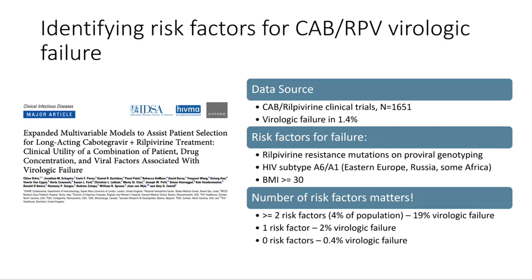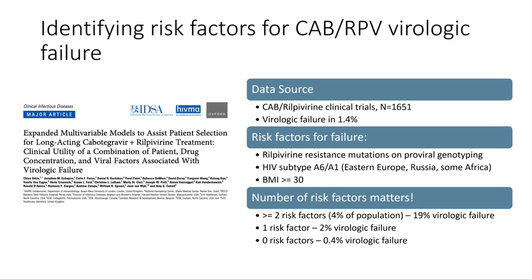So risk, BMI was also, I think, her BMI was 32. And so these people did modeling, or basically took a small number of people. So there were 1,600 people in all the clinical trials, and 1.4% failed. Then they looked at what was more common in those people who failed. When they went back and tested samples for rilpivirine resistance on proviral genotyping, that was not available at the time people were recruited to these trials.